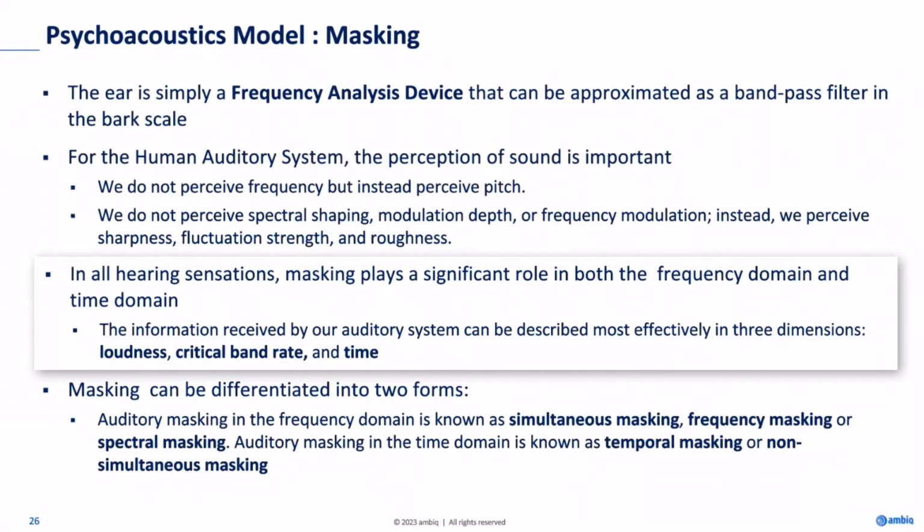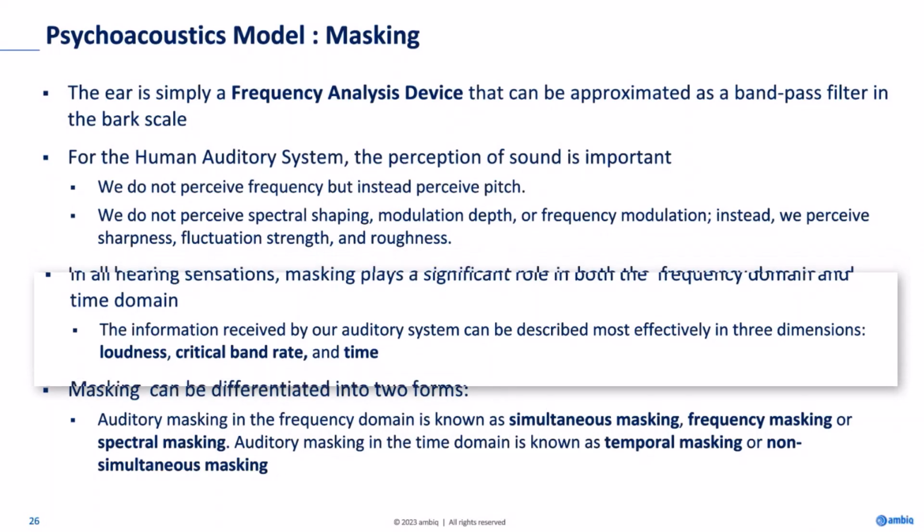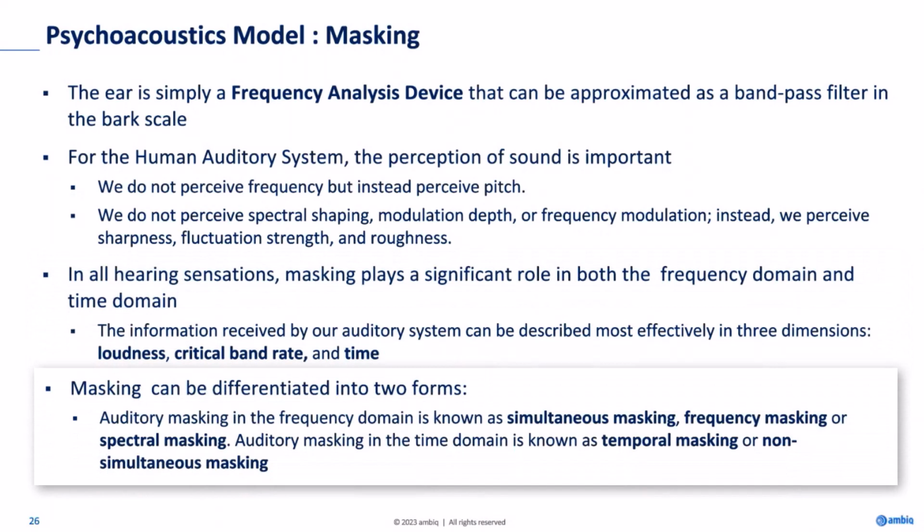The information received by our auditory system can be described most effectively in 3 dimensions: loudness, critical band rate, and time. Masking can be differentiated into 2 types: simultaneous masking, or frequency masking, and non-simultaneous masking, or temporal masking.